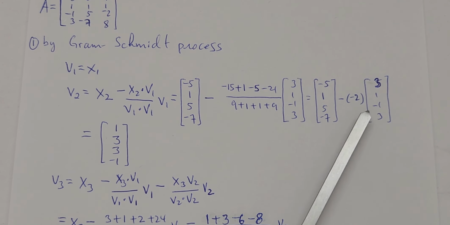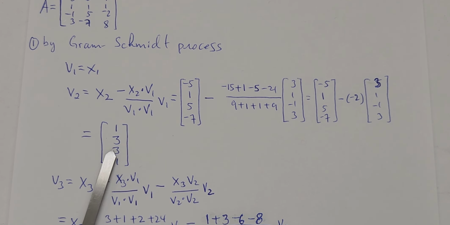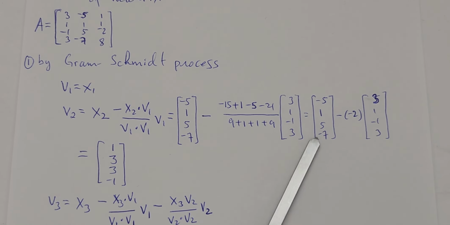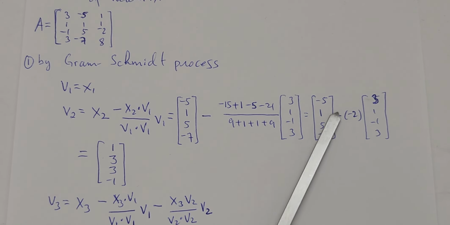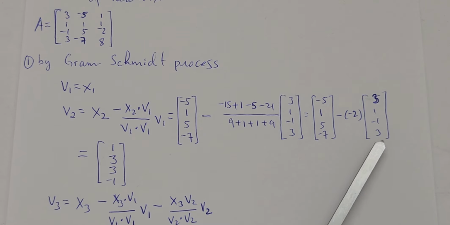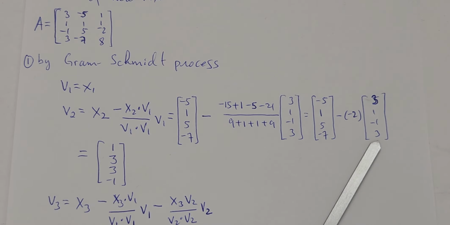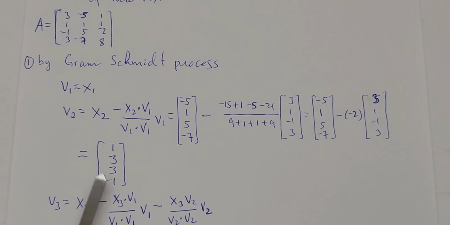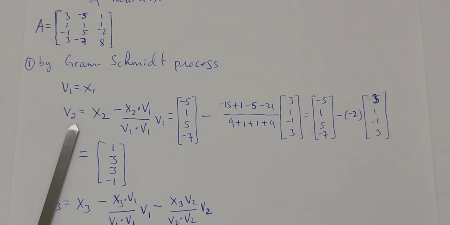So 5 subtract 2 gives me this +3. Next, I have -7. So this is +2 times 3 gives me 6. So -7 plus 6 gives me this -1. So this answer right here is our V2.